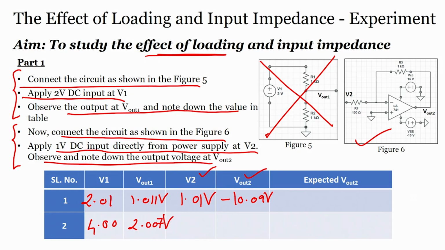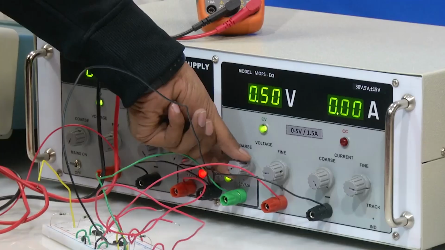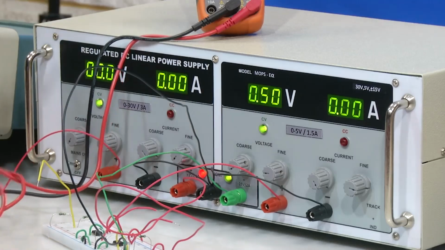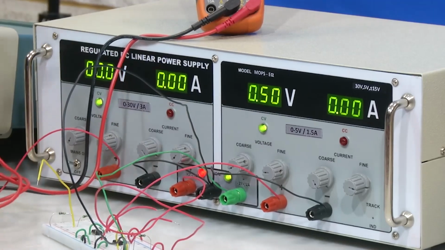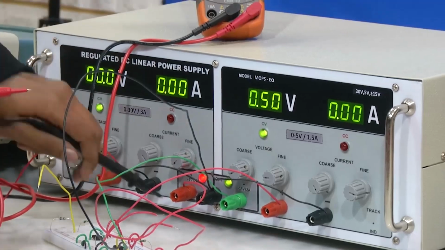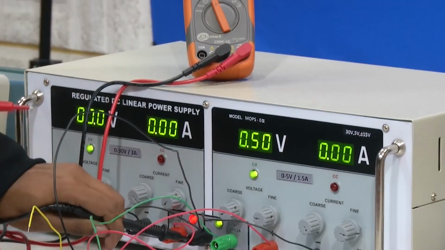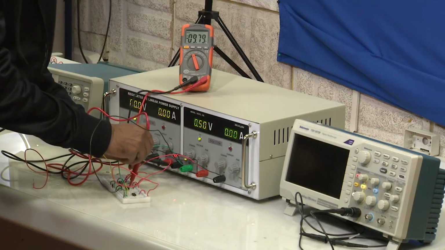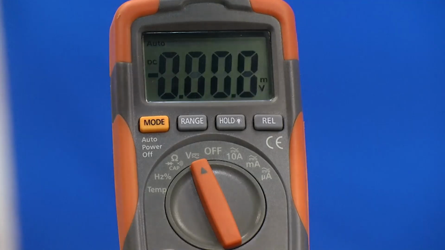If you see in the DC power supply, now we are applying 0.5 volts. So, on applying 0.5 volts at the input of the inverting amplifier, what output do we get? 0.5 times 10, close to 5 volts we should get, minus 5.